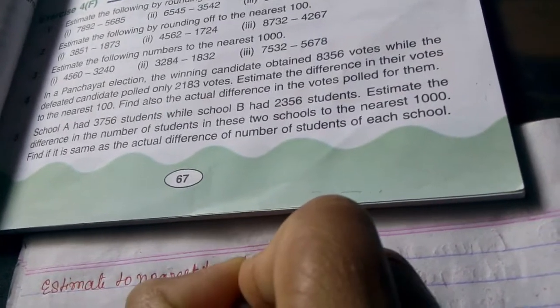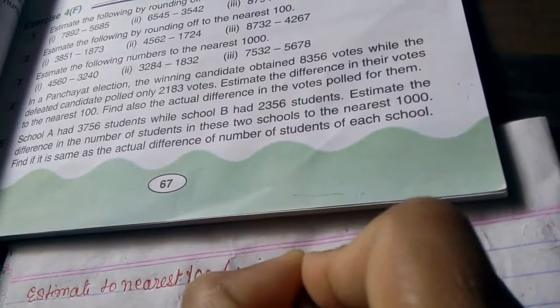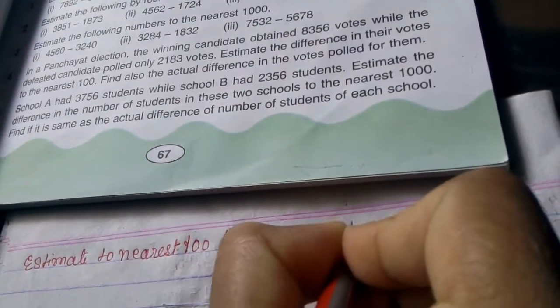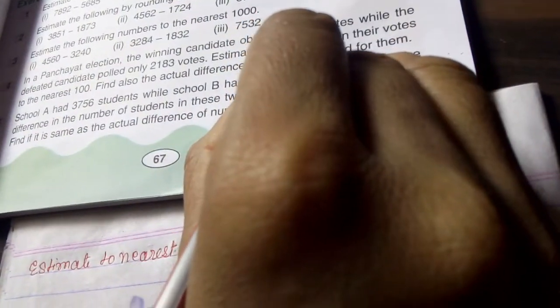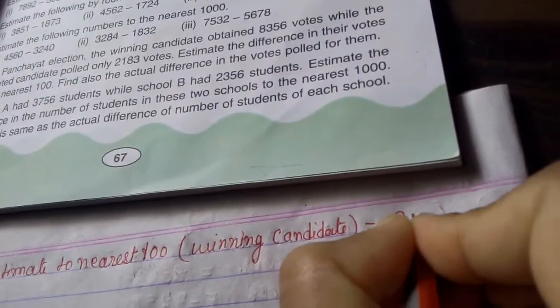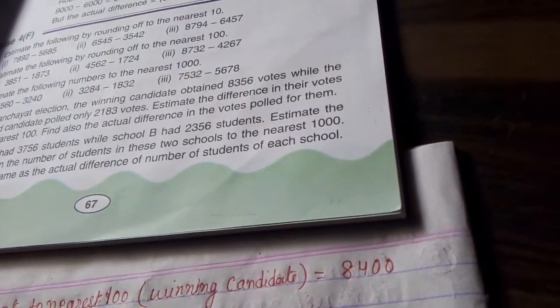This is for the winning candidate. So here we can see that 5 is there at tens place. So we will increase the number which is at 100 place. So 3 will become 4.